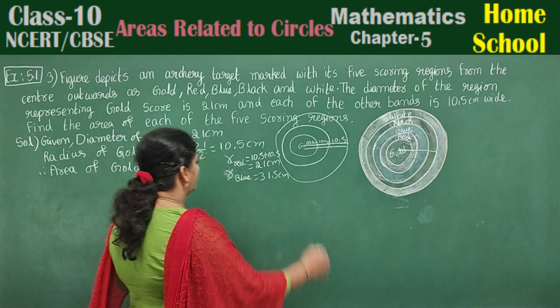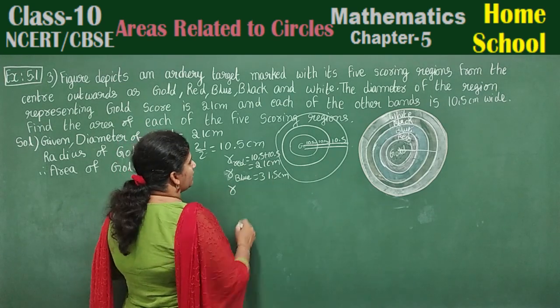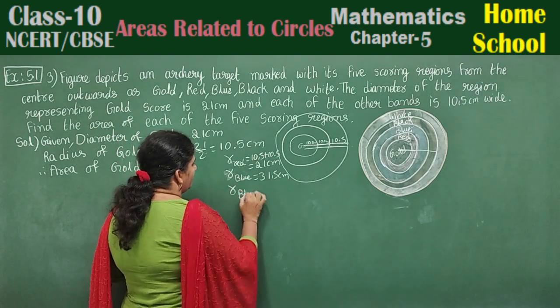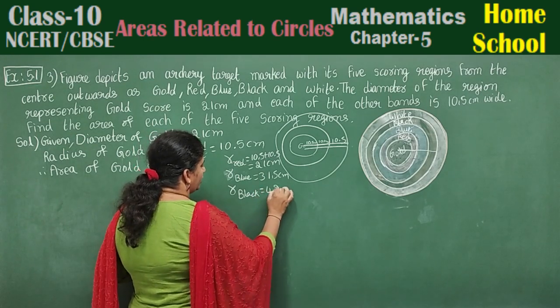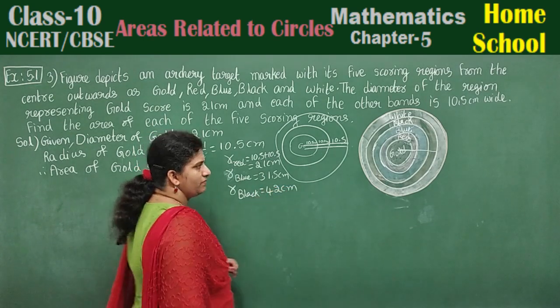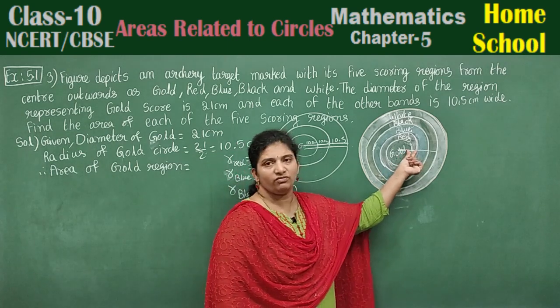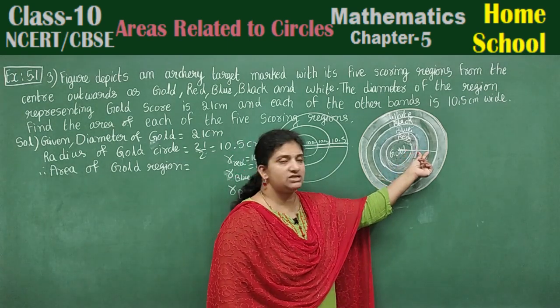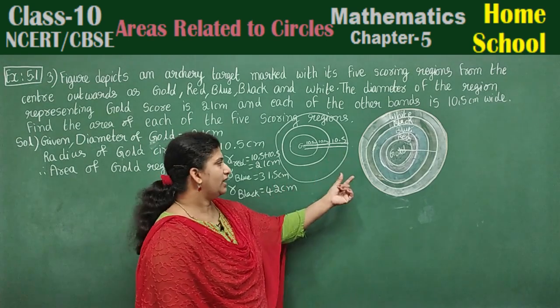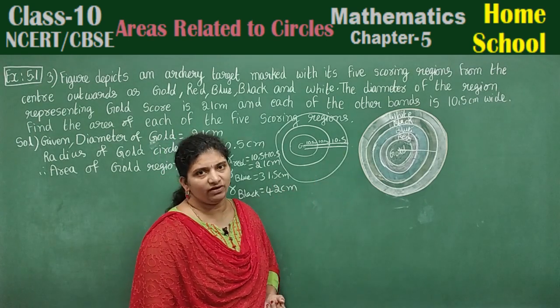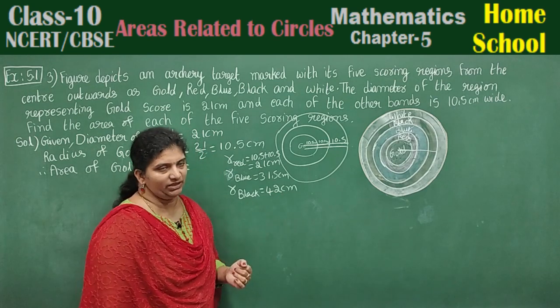If you add 4 times, the radius of black color is equal to 42 centimeters. 10.5 plus 10.5 is 21, 21 plus 10.5 is 31.5, and 31.5 plus 10.5 will be 42 centimeters.